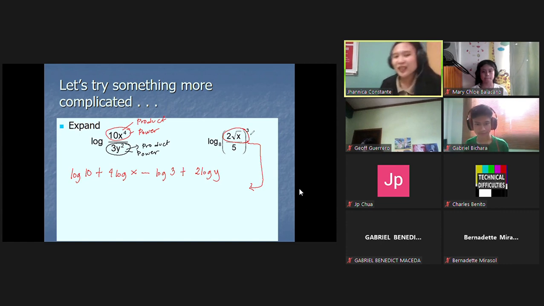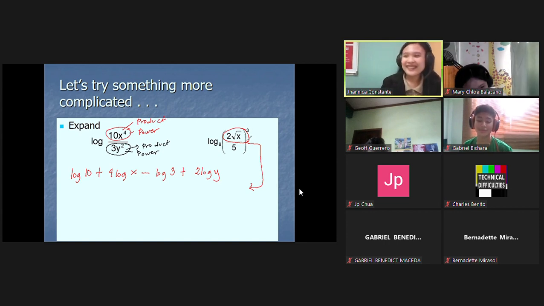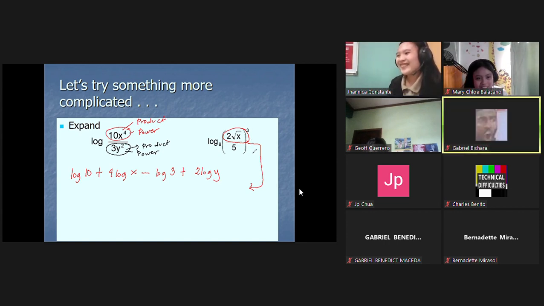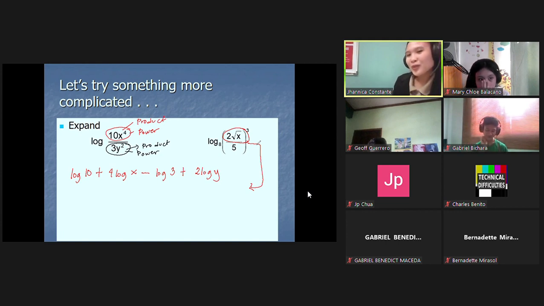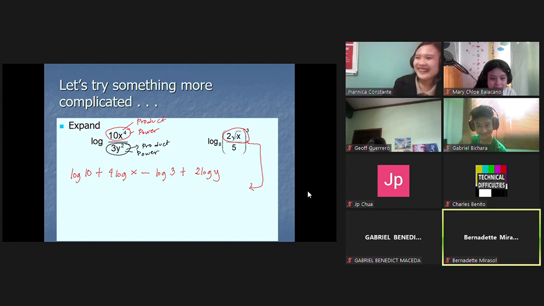What is the rule or the properties that is being involved in our first argument, the 2 square root of x cubed?